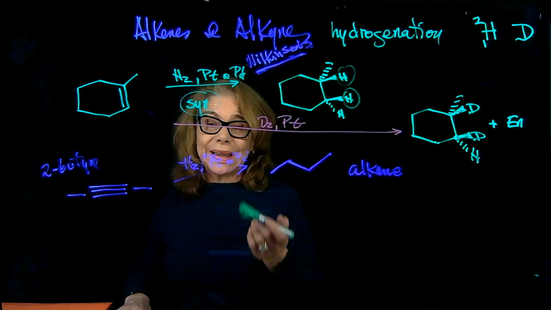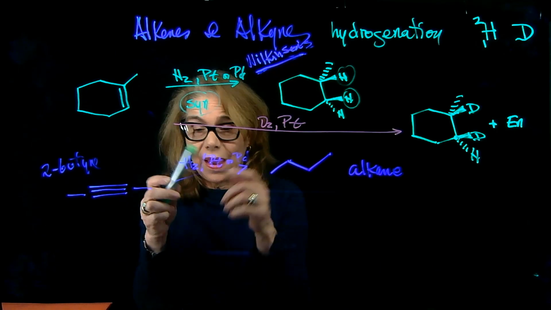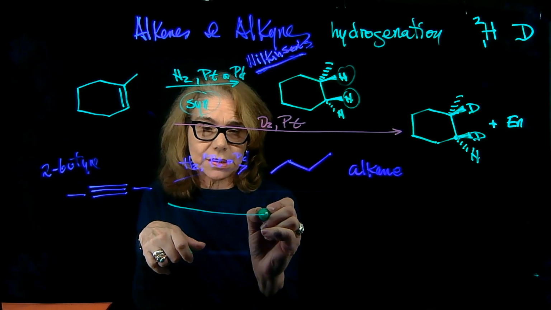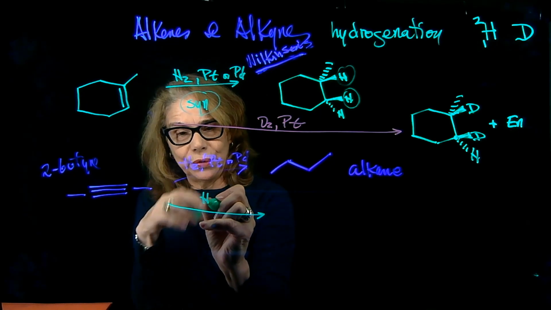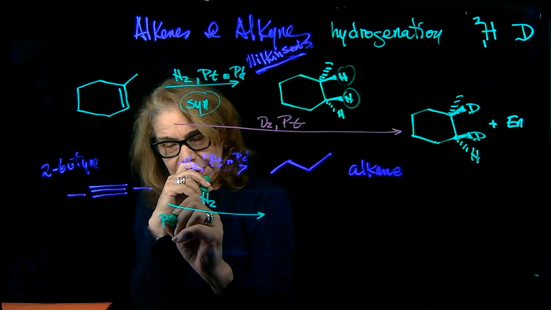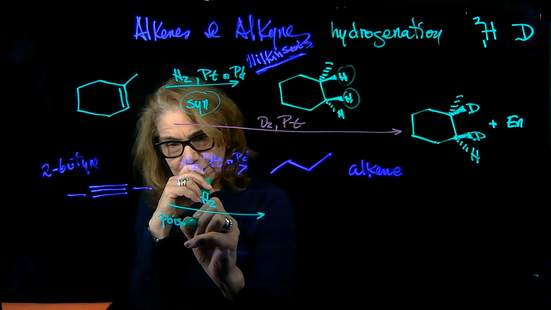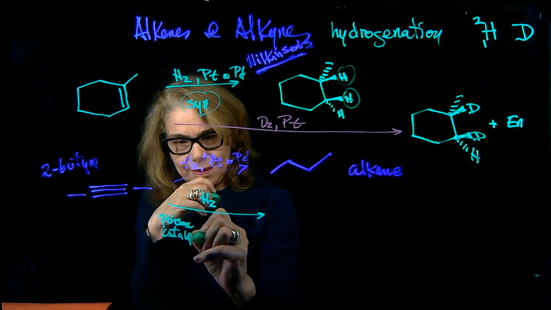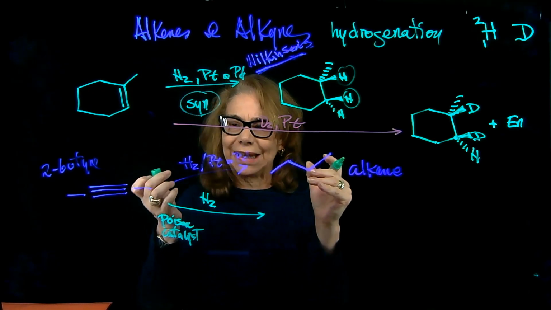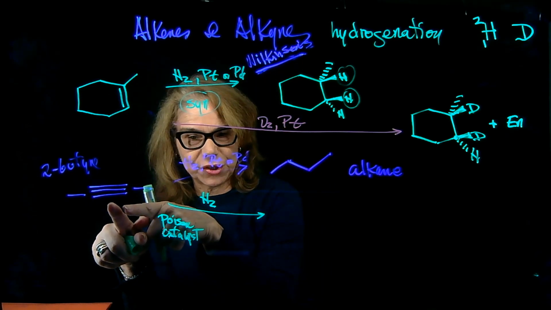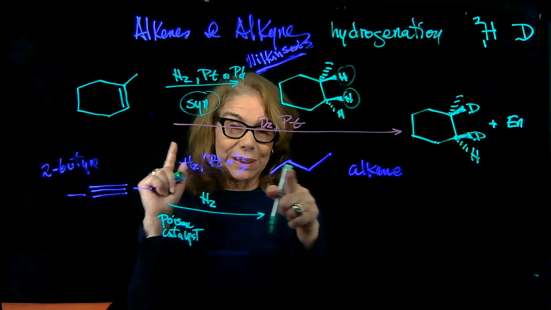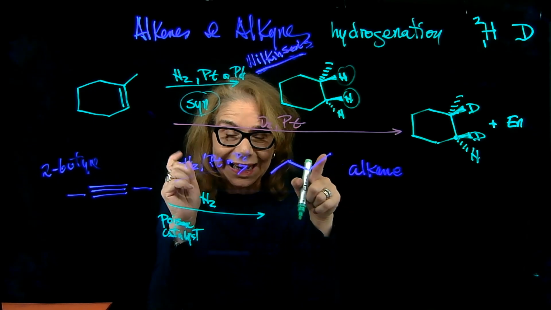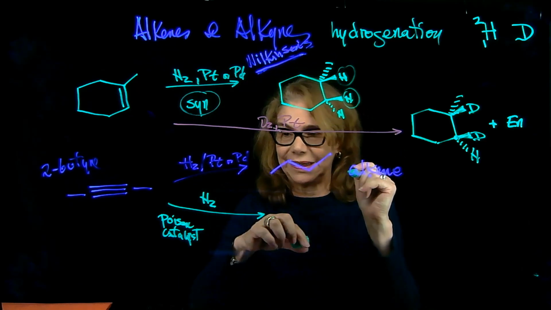Now here you can use one condition that's called using a poison catalyst. So if you use a poison catalyst, what it does is catalyze the conversion from alkyne to alkene, but does not catalyze the conversion of alkene to alkane, so it stops at the alkene.